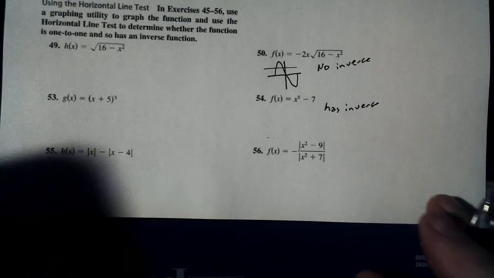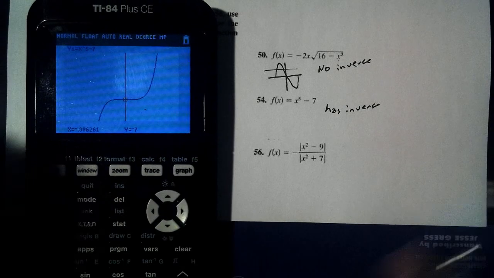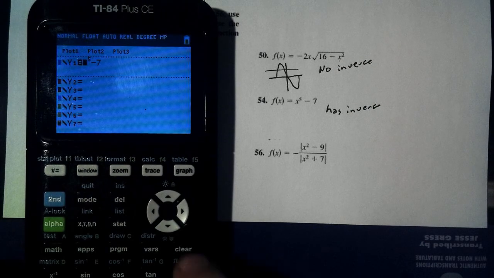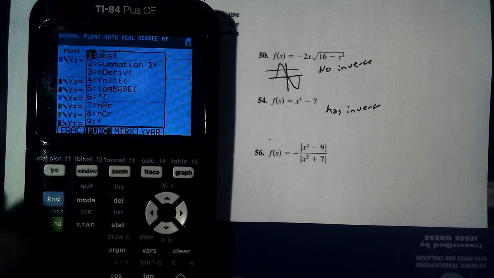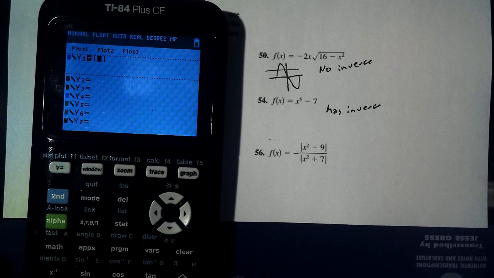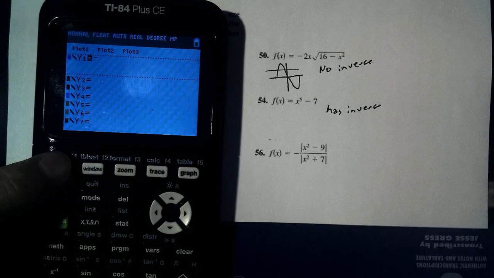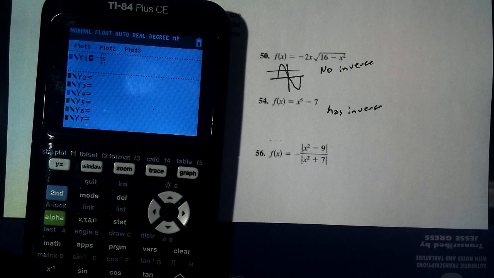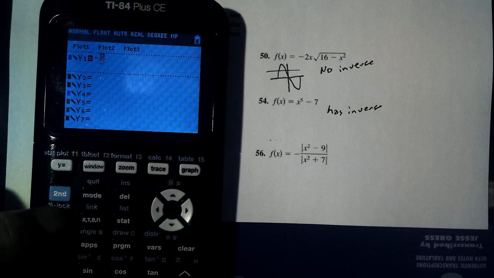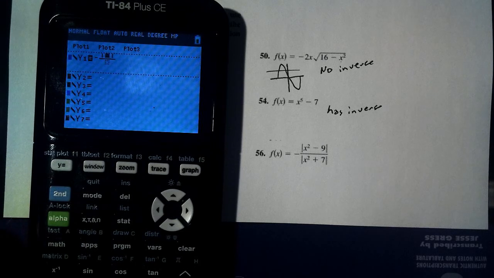And 56, remember how to graph absolute values? Y equals, clear. I like alpha window, absolute value. In fact, clear before I do that, I'm going to go negative. I'm going to go alpha y equals, take advantage of fraction. Alpha window, take advantage of absolute value.